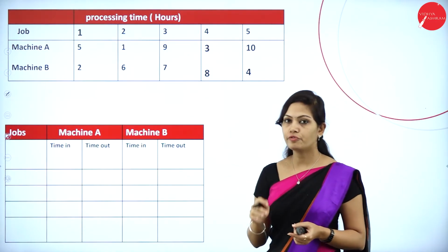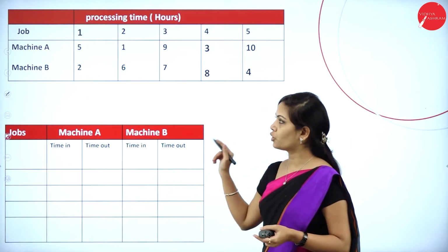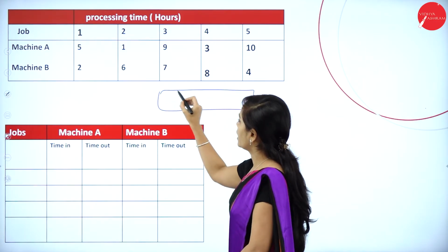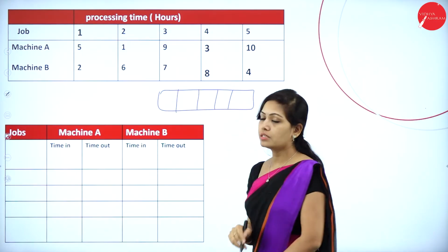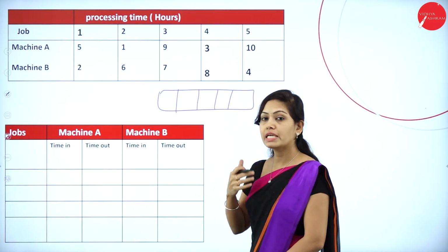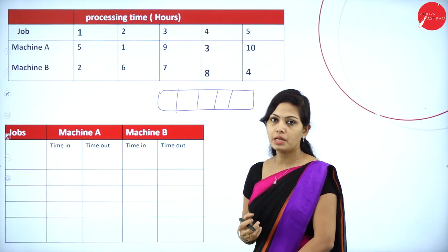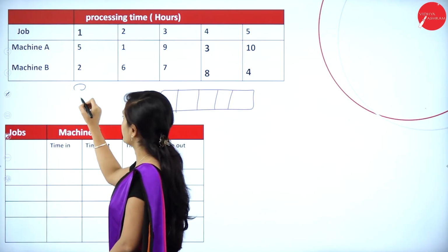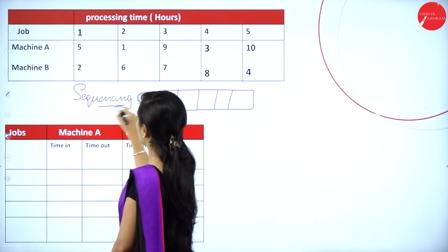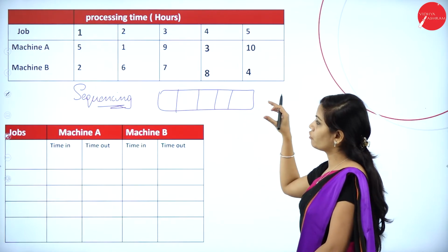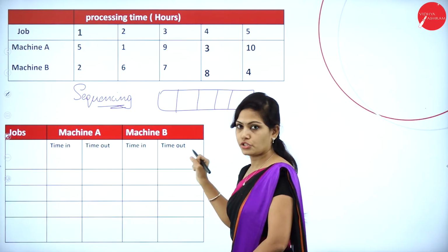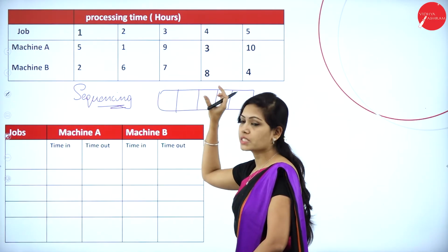The first step is to find the optimal sequence of n jobs for two machines. Sequencing means ordering. I am finding the order of each job by using these processing times. Clear?